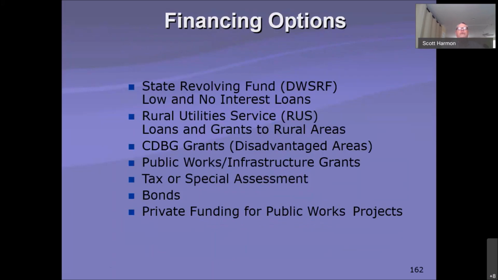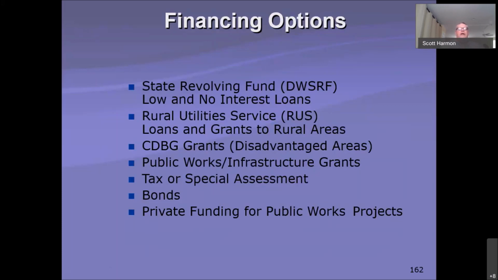Our rural utility service is something that we deal with a lot. You could talk to our circuit riders about this. They have loans and grant money available for rural areas and rural operations. I encourage you, not just for arsenic removal, but for other things as well, to look into that if you believe that your plants are in need of some upgrades, repairs, or something that needs to be done inside of them.